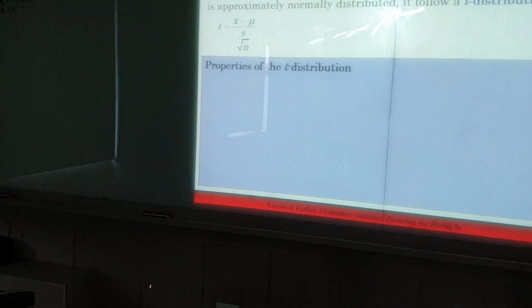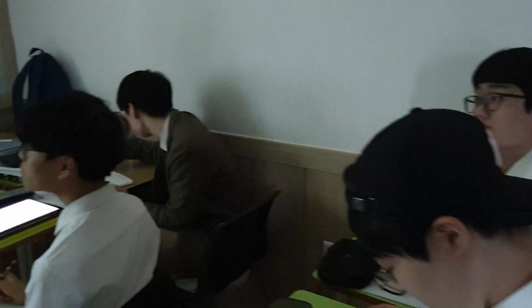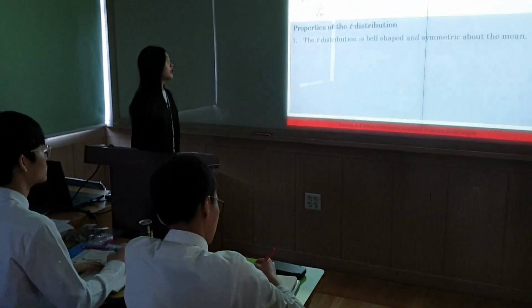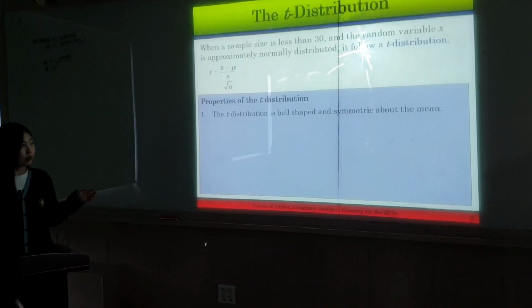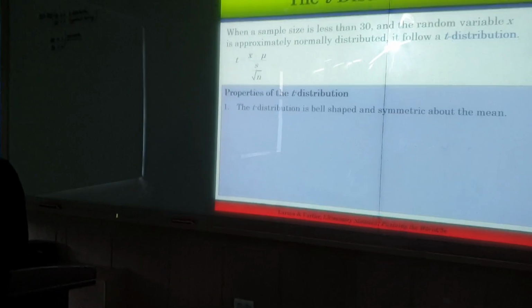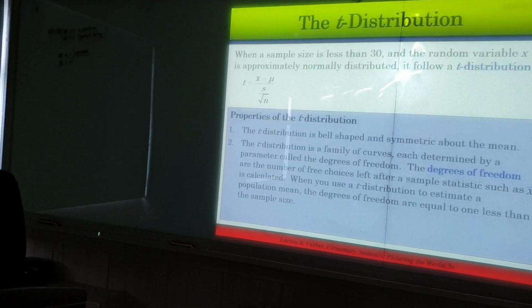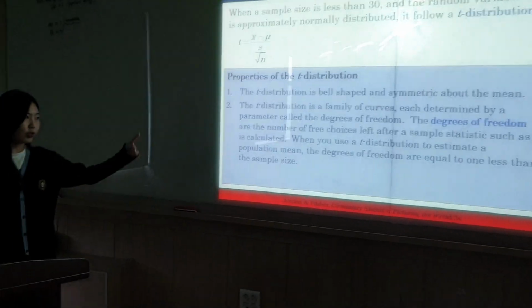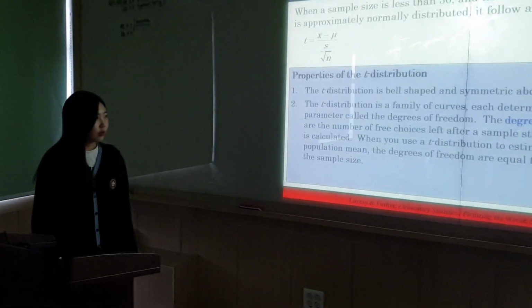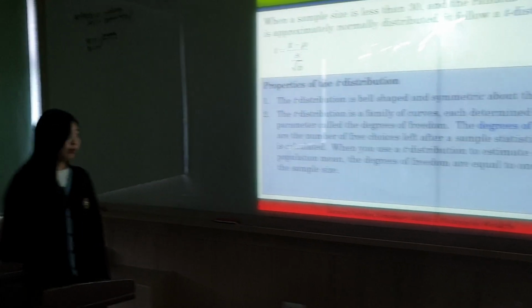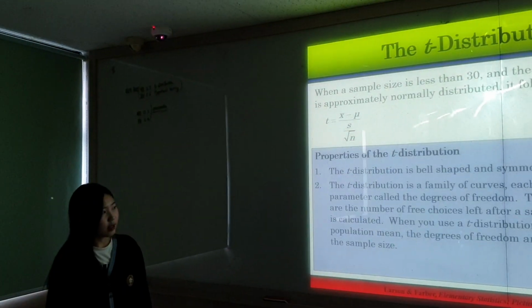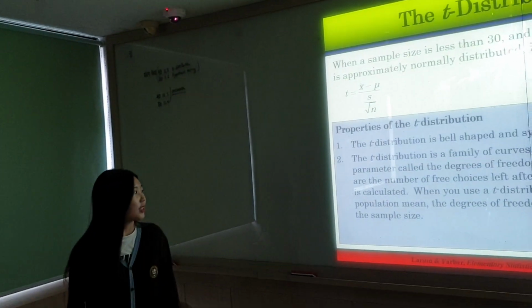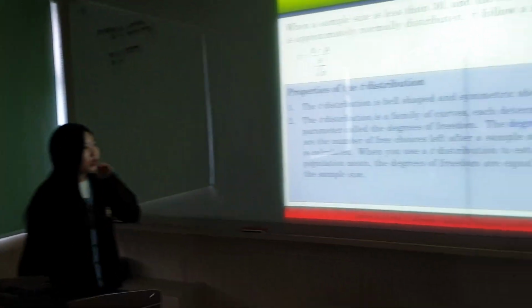So the properties of the t-distribution. Just like the normal distribution, the t-distribution is also bell-shaped and symmetric about the mean. And the important thing in the t-distribution is the degrees of freedom. The degrees of freedom are the number of free choices left after a sample statistic such as x bar is calculated.